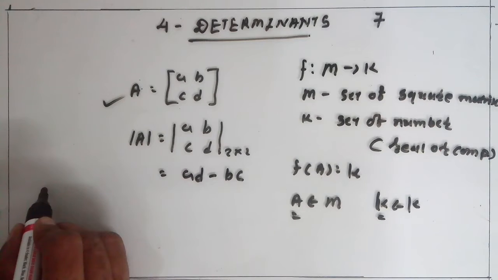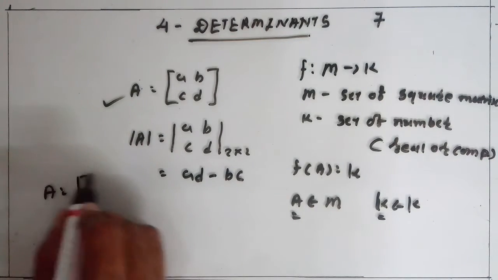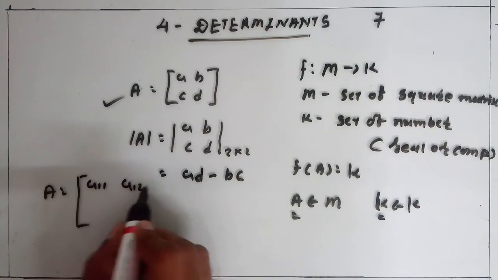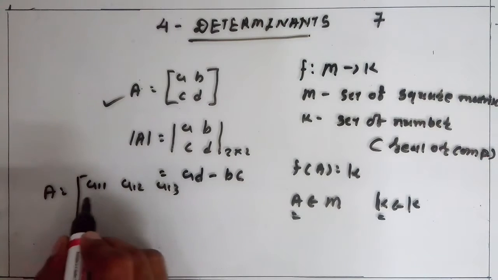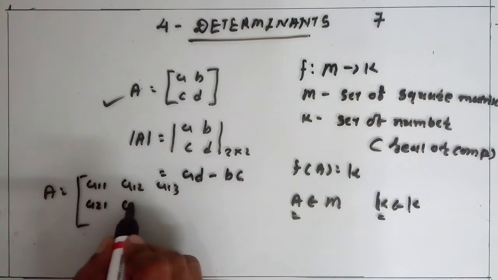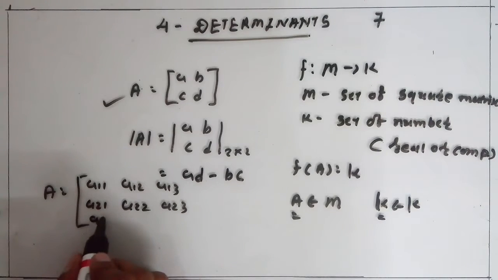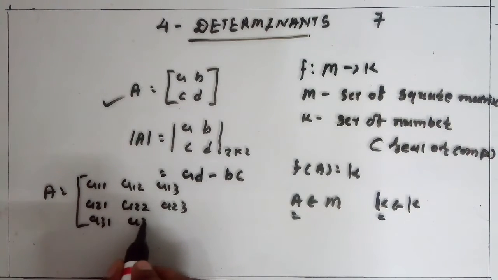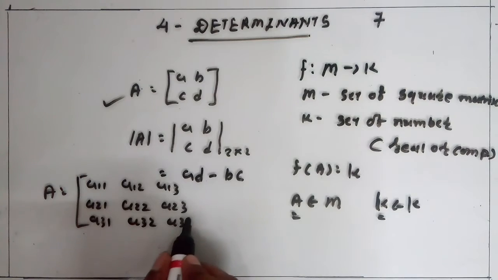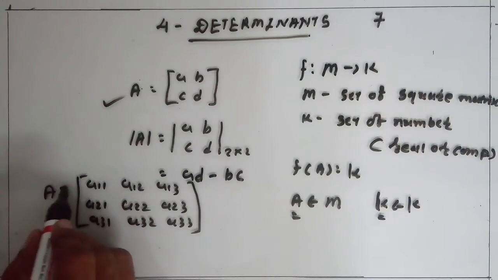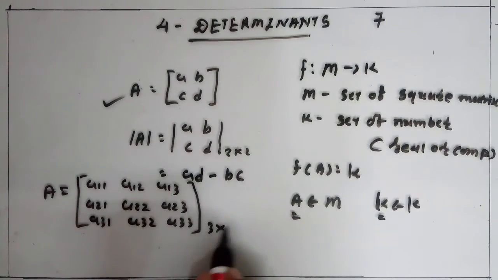Now here we discuss a square matrix of order 3: A11, A12, A13, A21, A22, A23, A31, A32, A33. Think how to get the determinant from the given 3 cross 3 square matrix.